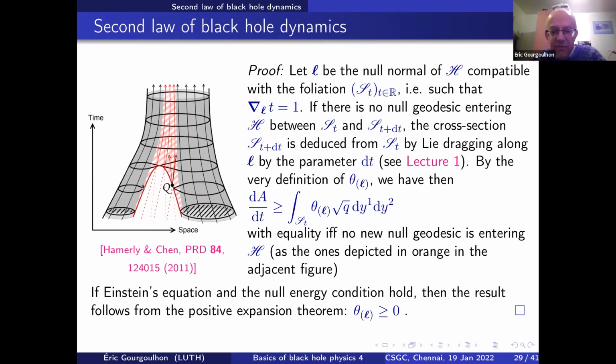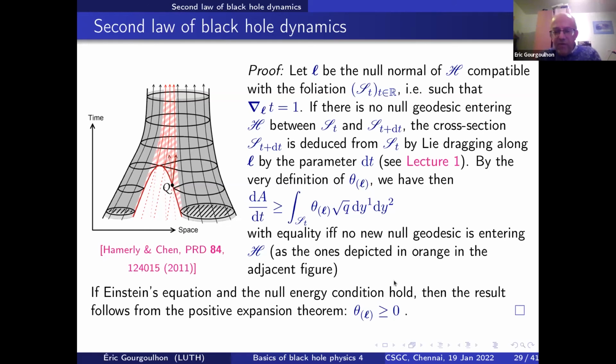But if I have new geodesics entering into the horizon, then it will be even larger, because I will have a larger area than the area I started from, because I have more things entering here. So it's either equal in general, when I don't have a merger of two black holes, I have strict equality, or if I have a merger, it's even superior.